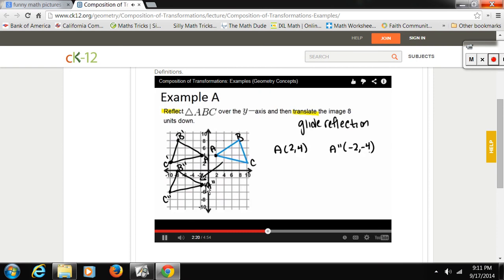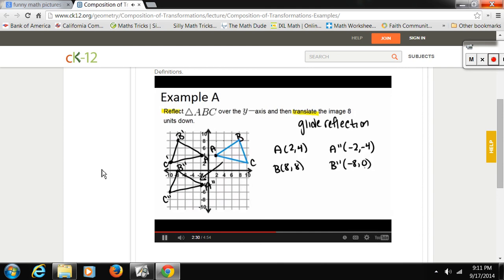Here's A prime, here's A double prime. That's right. Eight goes to negative 8, 2 to negative 2.